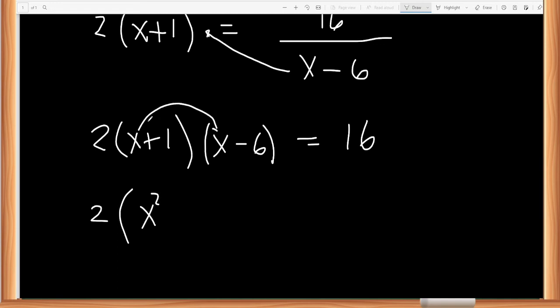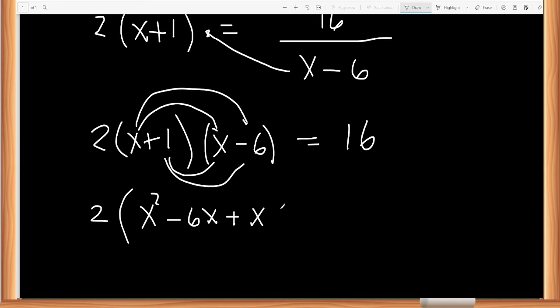Okay? And then, x times negative 6 is minus 6x. And then, here, 1 times x, that's plus x. And 1 times negative 6 is negative 6. So, it is equal to 16.